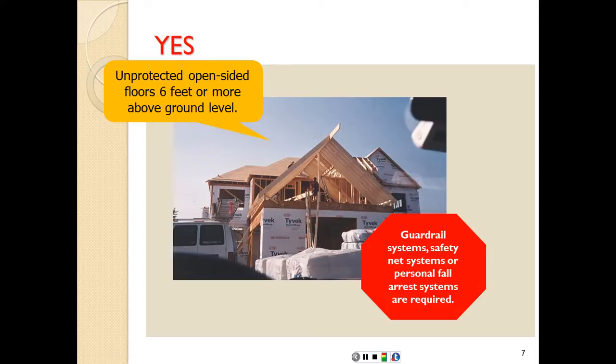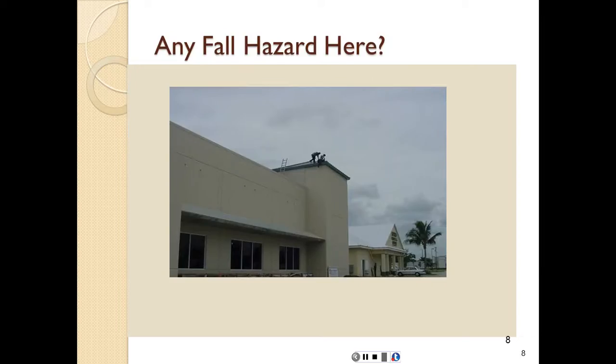There should be a guardrail system, safety net system, or personal fall arrest system, or PFAS. Any one of these would be required to stop the fall in case that person falls from that location. This is definitely, obviously, again, a violation here.